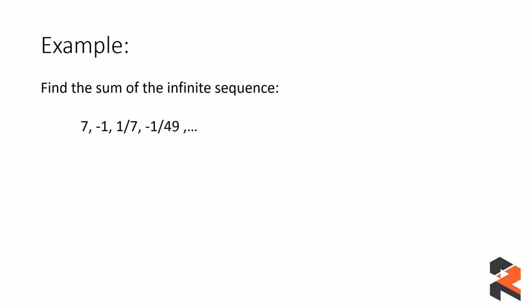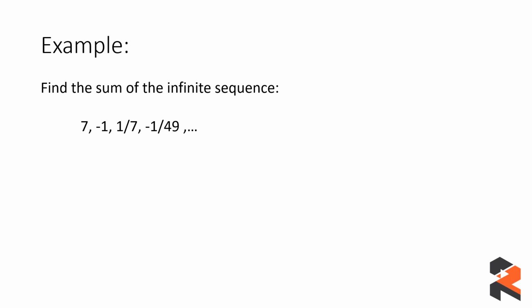First of all, the question demands an infinite sequence for which we have just seen the formula. Second, you need to find out the details which we will put in that formula. So you need the first term, that is A, and the common ratio, that is R. If you divide the second term by the first, you obtain the common ratio of minus 1 by 7. If you divide the third by the second, you obtain the ratio of minus 1 by 7.